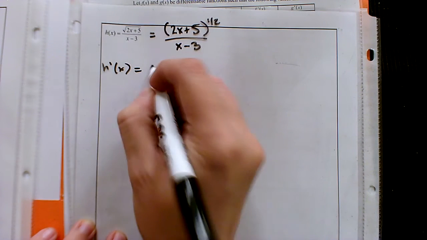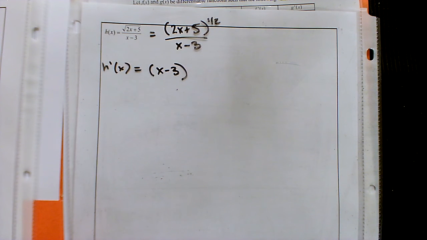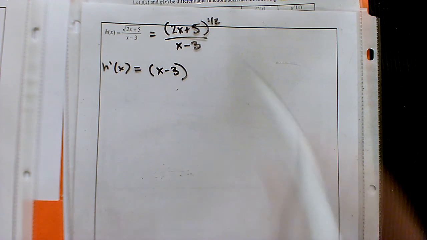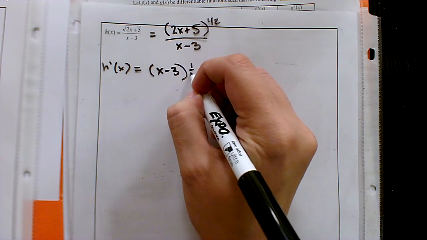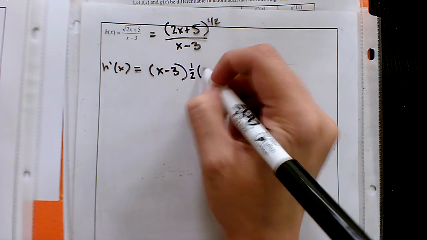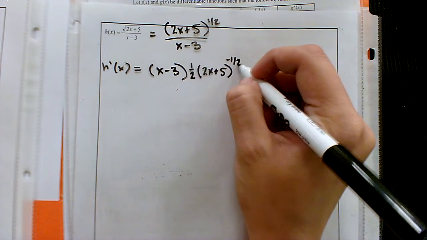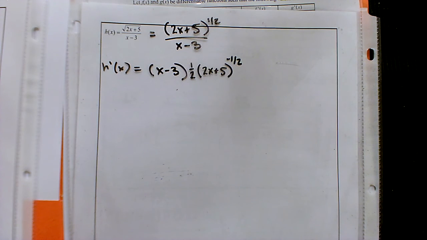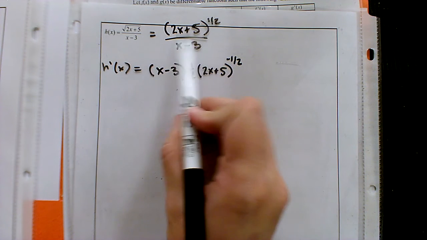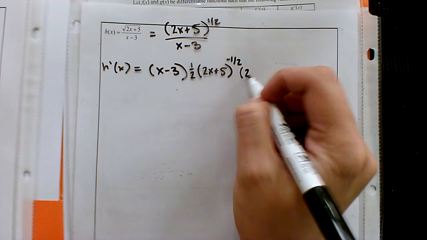All right, so quotient rule. We have low, and then d high. So to figure out the derivative of the top, Christian said we'll have to go through our chain rule. The derivative of the outside, so we'll bring down the 1/2, keep the inside, drop the power by 1, finish the chain by multiplying by the derivative of the inside, so the derivative of 2x plus 5, 2.